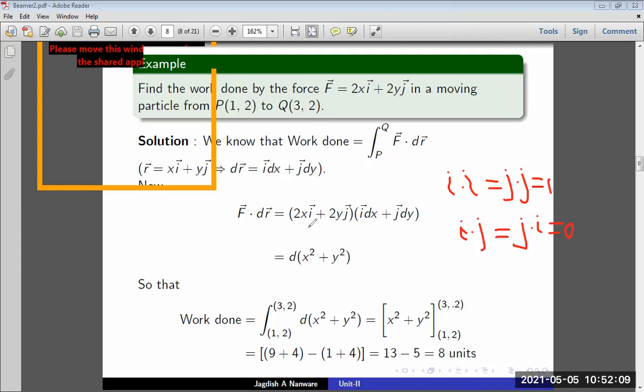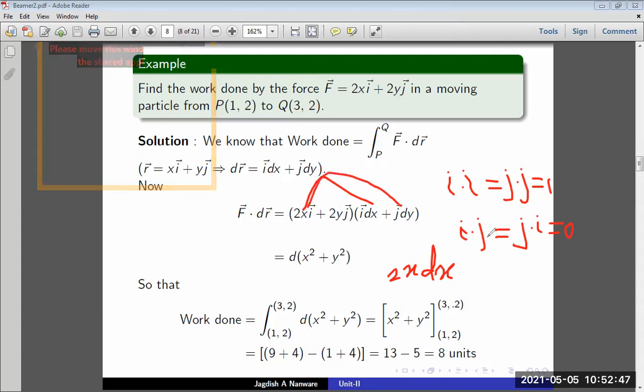So what do we get? 2x, right, i into i dx. So what is the product? 2x i into i dx, right? So i dot i is 1. Therefore, the product of these two terms is 2x dx, right? Then take the product of 2xi with the second. Here i dot j is 0.